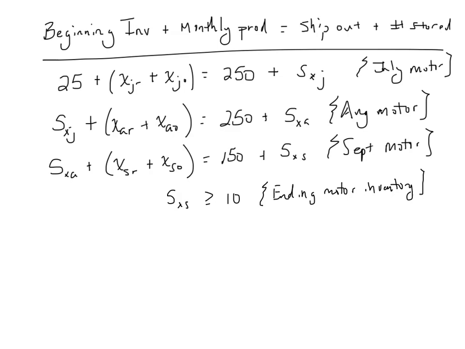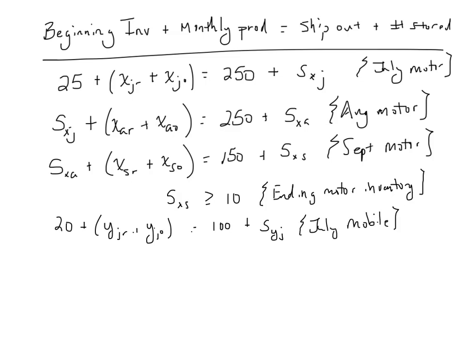So we need to do the same thing for mobile homes. We started with 20 in July plus how many we're going to make. So we have YJR plus YJO is equal to how much was demanded? Looks like 100 plus whatever we would store. So this is July mobile. Then we have beginning inventory for August.